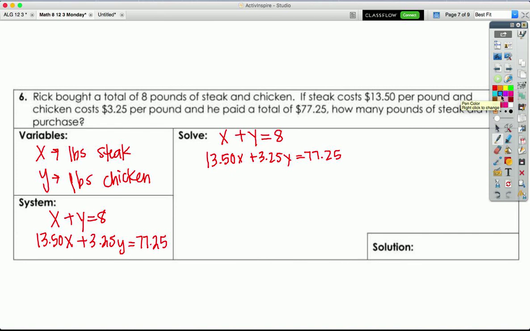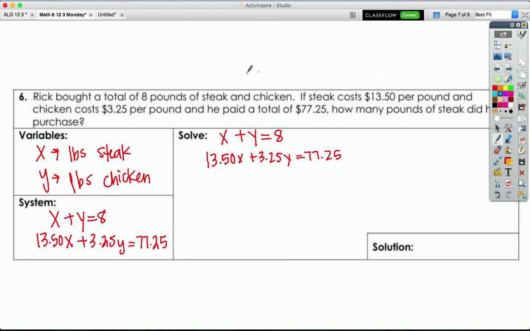Okay. So this time, I'm going to use substitution because I want to remind you how that works, but also because I don't really want to multiply the top equation by a whole bunch of decimals. You could still use elimination. You could multiply the top by -1350 or -325. That still works. But I want to take this opportunity to remind you how substitution works.